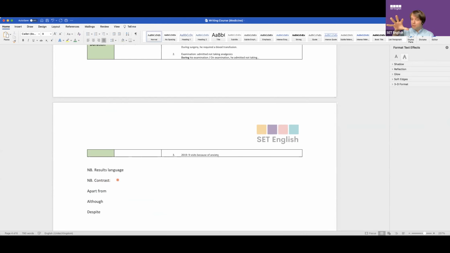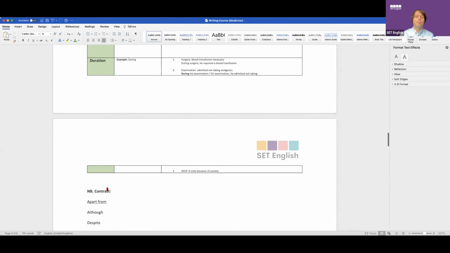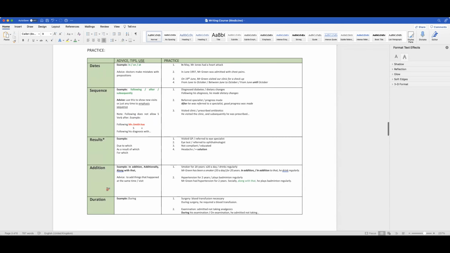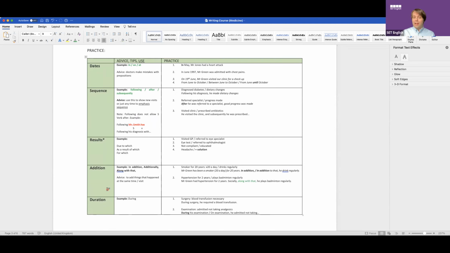They're a bit different; apart from has a slightly different meaning. But guys, I can't teach you everything today. Contrast is complicated. Can I ask something? Yes, go on. Can we use a relative clause, who has hypertension?